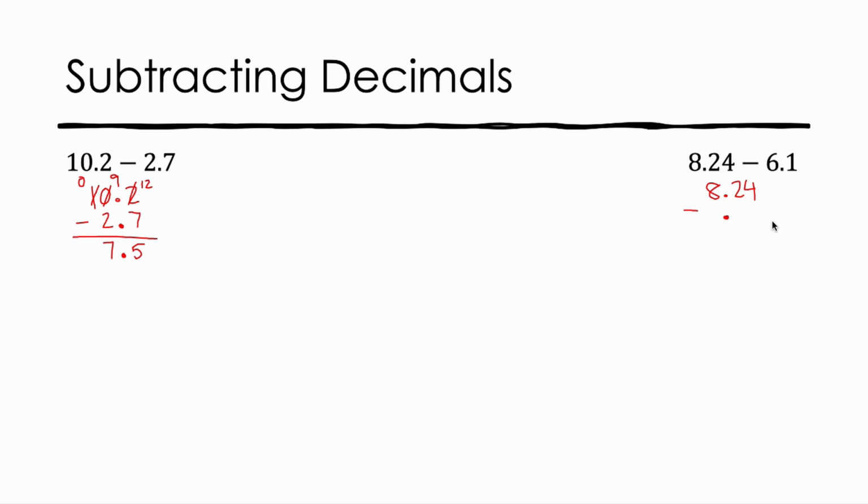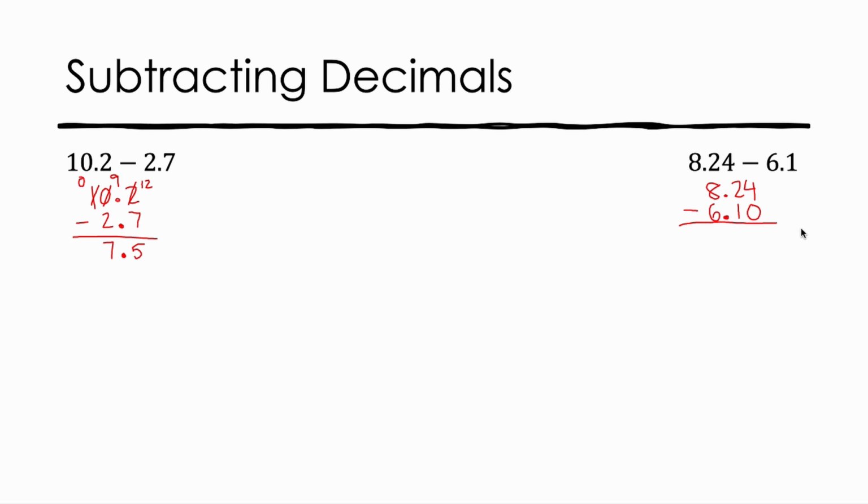So we put the decimal point here. 6 is in the ones place, so we put that under 8. And 1 is in the tenths place, so we put that under 2. And remember, we can add however many zeros we want after this 1 or after this 4. It doesn't change the decimal in any way. So we can just add a 0 here.